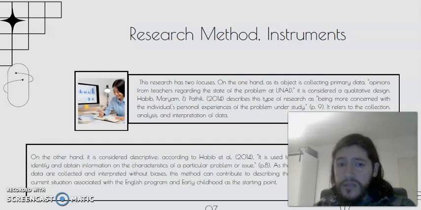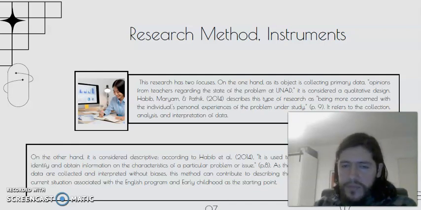And on the other hand, it is a descriptive design because it intends just to analyze the information that is given in a natural way, not concluding anything about it, just checking and having the information in a matrix and the tools, instruments that I'm going to show you in the next part.